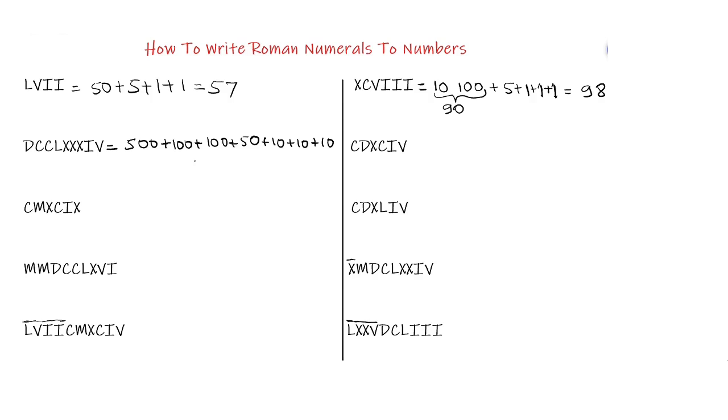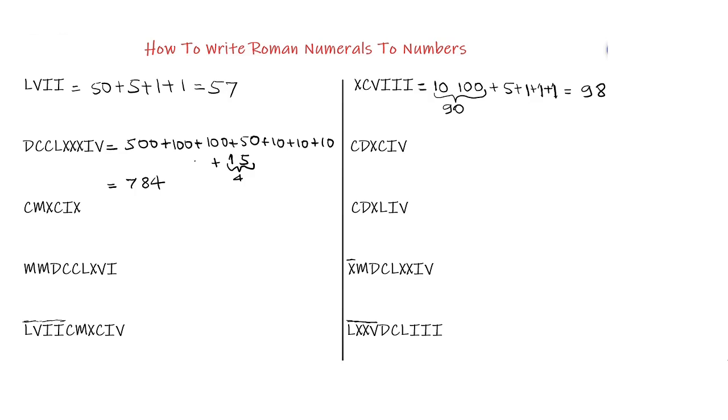IV is 4, I is 1 and V is 5 and I is prior to V. So this is going to give us 4. So our total is 500 plus 100 is 600 plus 100 is 700, 700 plus 50, 750, then 760, 770, 780 and 4. This is 784.